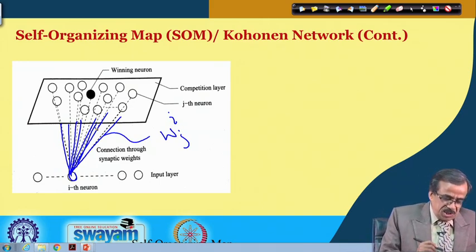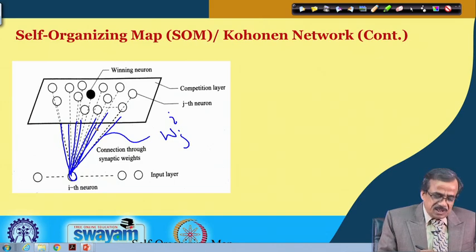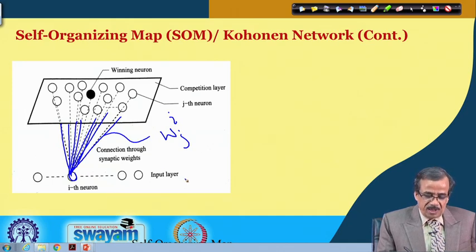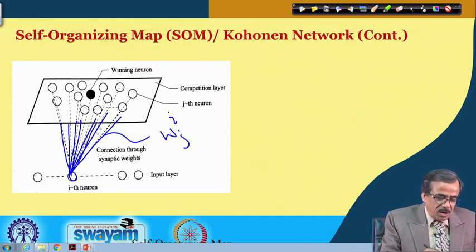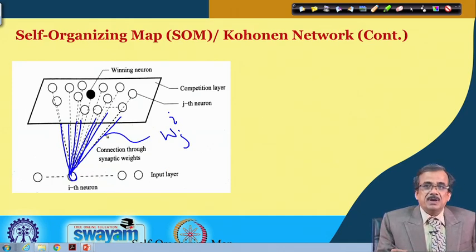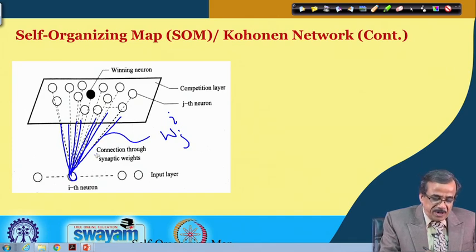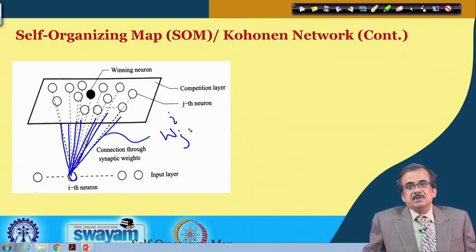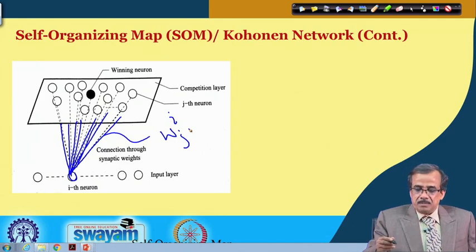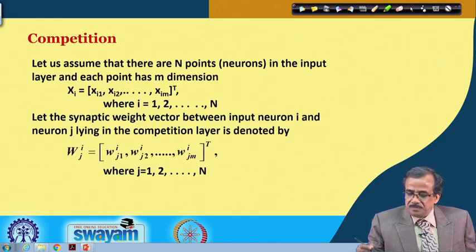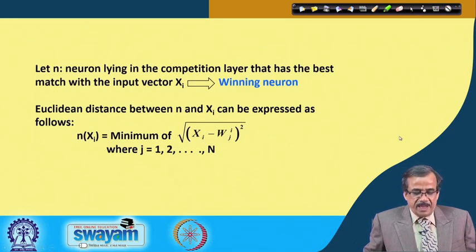Now, if this is the situation, then very easily I can find out the Euclidean distance between the ith data point lying on the input layer and the capital N number of W values, each W having small m dimension. Now, how to do this? Let me explain that.